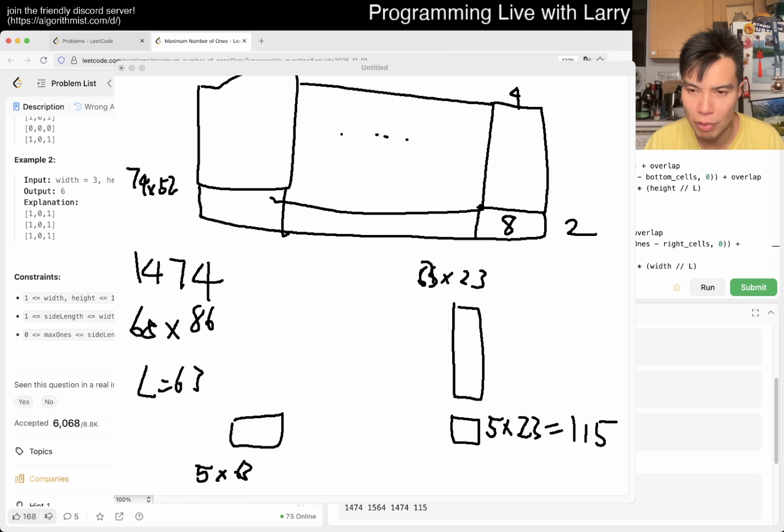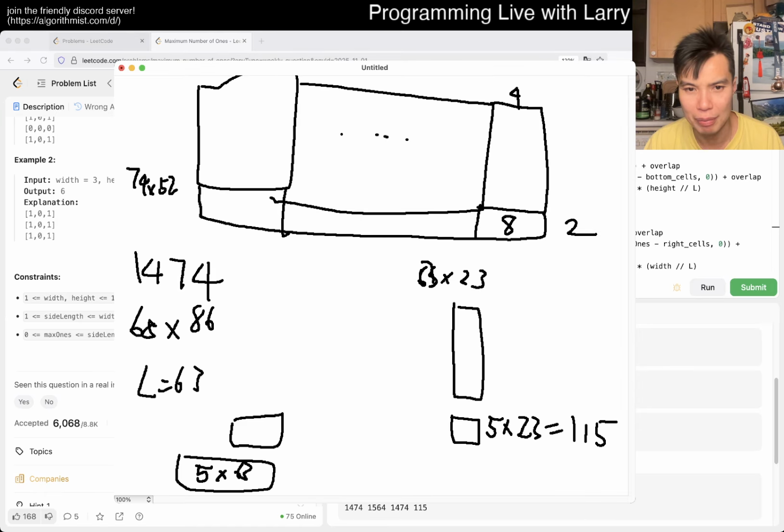Am I doing overlap wrong? No, overlap is 115. But no, bottom cell is height mod L. Oh, I guess this one. I think I confused myself. Bottom first should be 5 times 63, right? Cell, and I think I mixed it up, maybe. Huh.